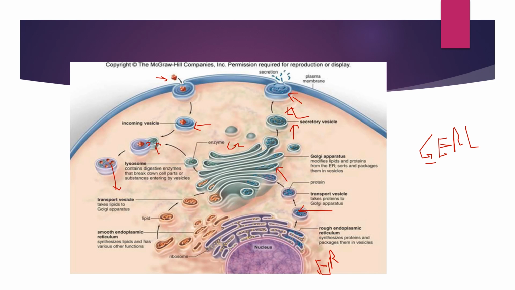If I summarize this slide, in the GERL system, firstly the endoplasmic reticulum forms the protein, which is packed in vesicles and transported to the Golgi bodies, where the protein is modified.